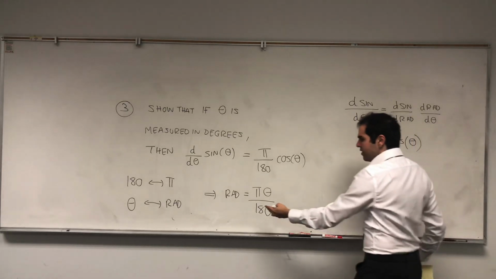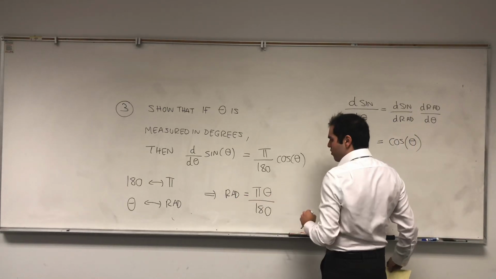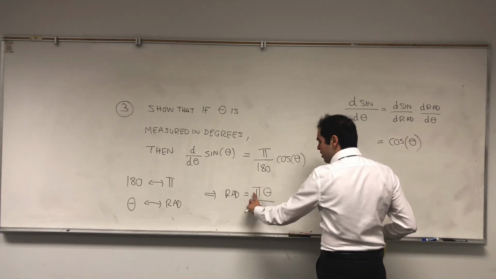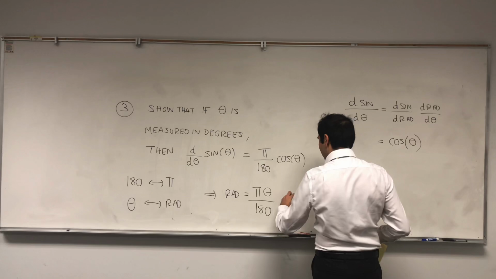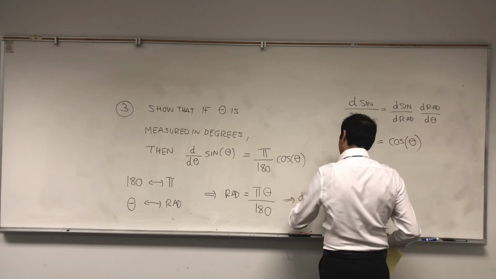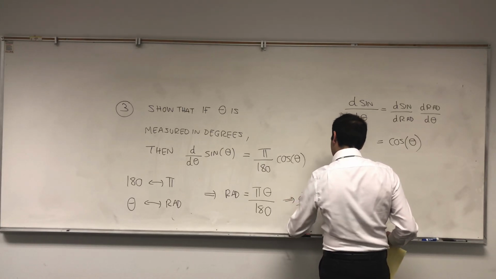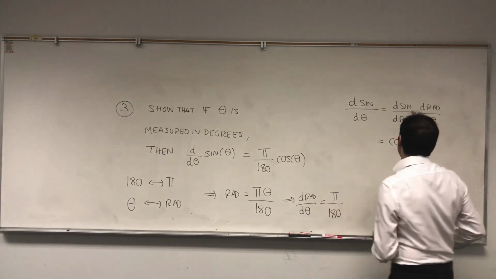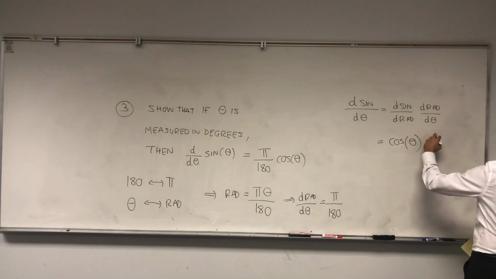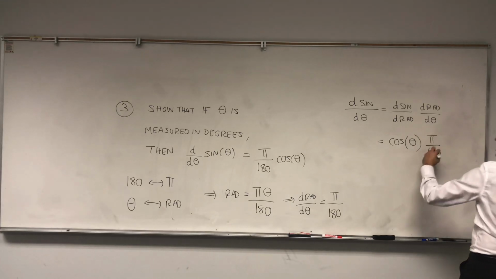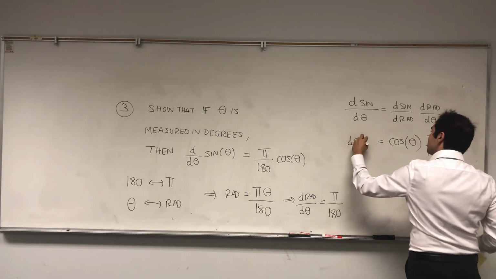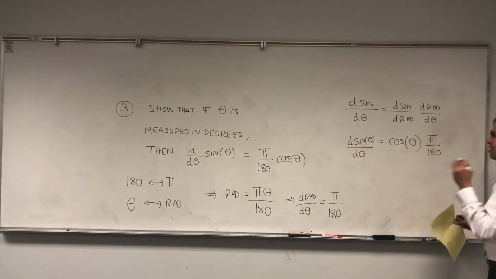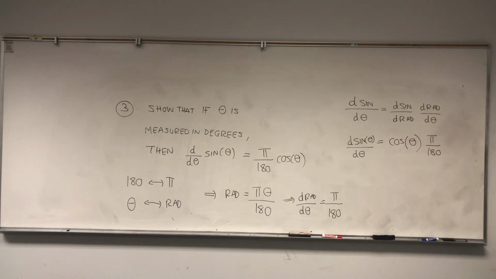Well, we just found that radians is pi theta over 180. So the derivative of that with respect to theta is just pi over 180. So in the end, we get cosine theta times pi over 180. And that is the derivative of sine of theta, where theta is in terms of degrees.